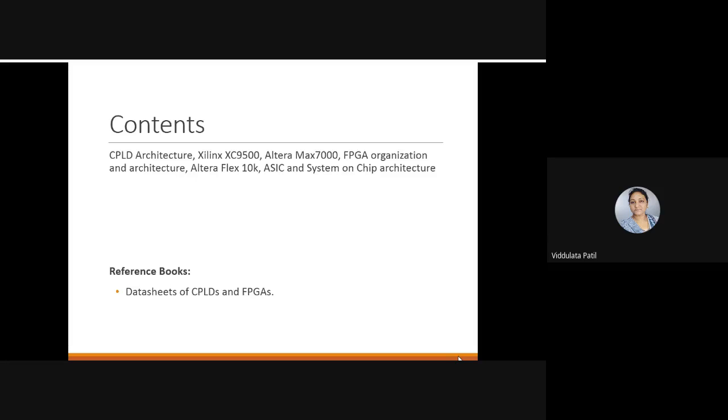Reference books, data sheets of CPLDs and FPGAs. As we are going to discuss specific ICs or commercially available devices, we are going to refer to data sheets of those devices. So that is data sheets of CPLDs and FPGAs that we are going to use.